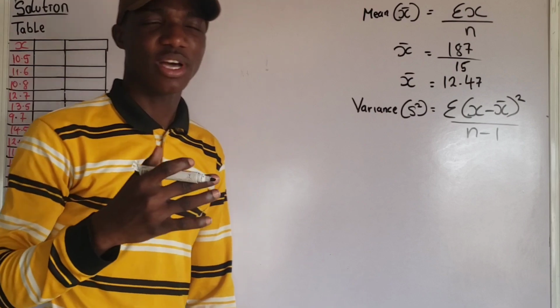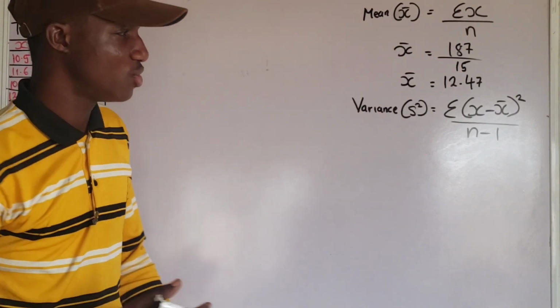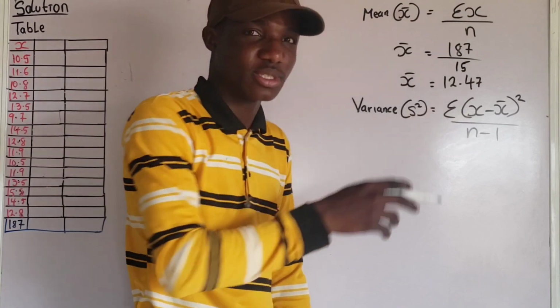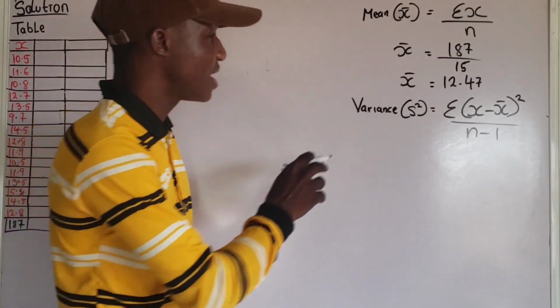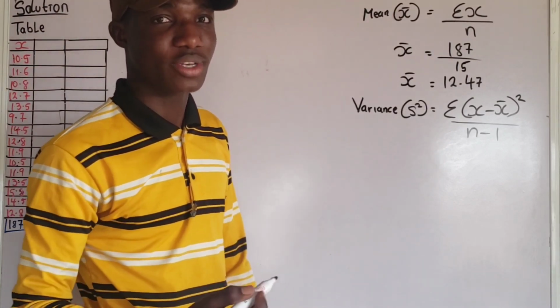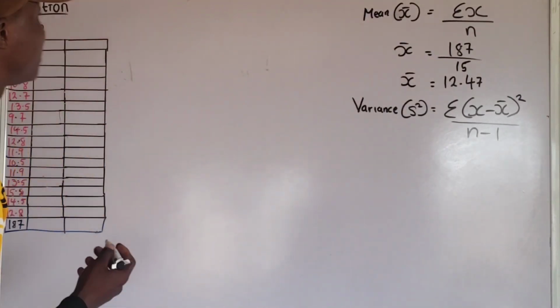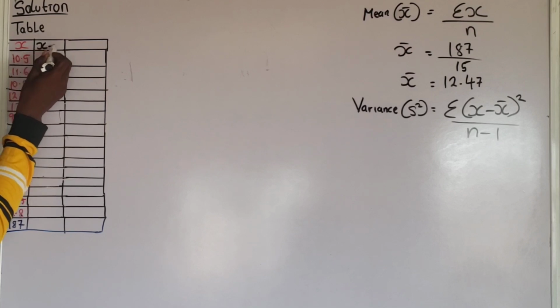I don't know if you were part of our previous class, when we talked about mean deviation, you will come across something like this: x minus x bar. That is the deviation. But now we are talking about variance. Variance is equal to the summation of the deviation squared all over n minus 1. So that means on this table I'm still going to have the deviation. Deviation is x minus x bar, so here I'm going to have x minus x bar.